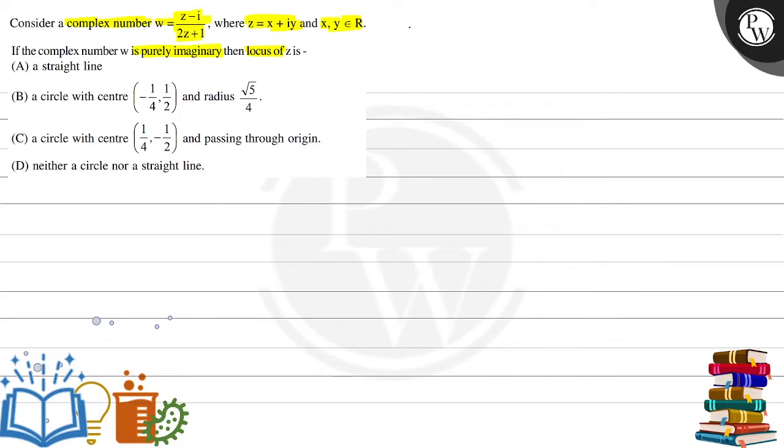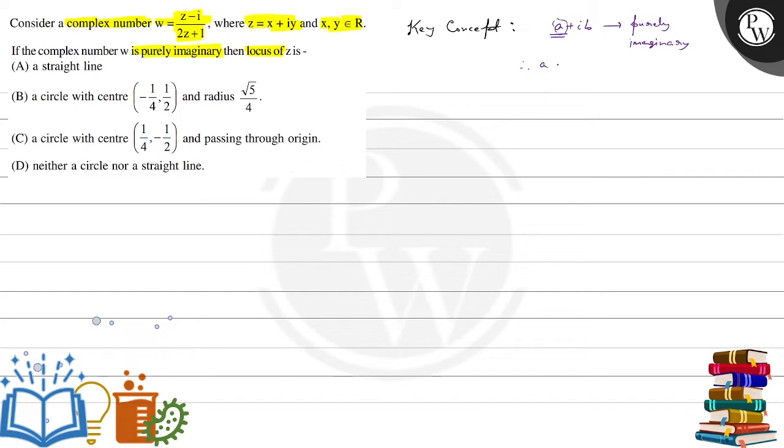Now, to solve this problem, the key concept that will be required is to understand when a complex number will be purely imaginary. I believe you have in mind that if you have a complex number a plus iota b which is purely imaginary, that means iota b is the part that exists, so the real part does not exist.